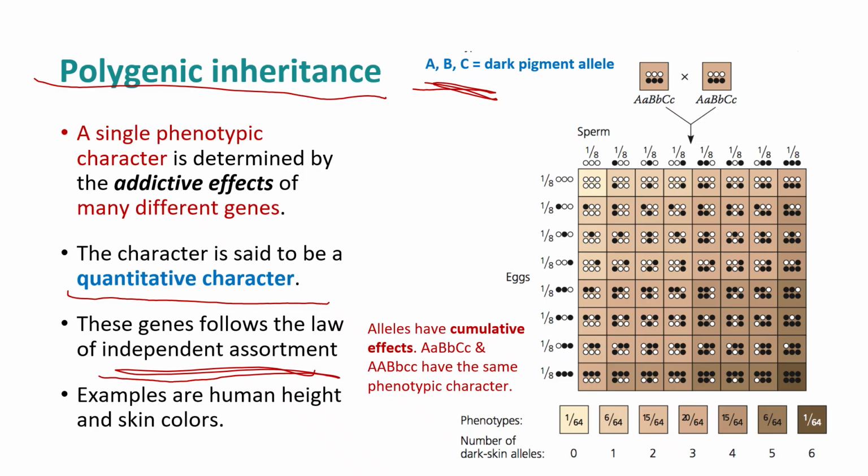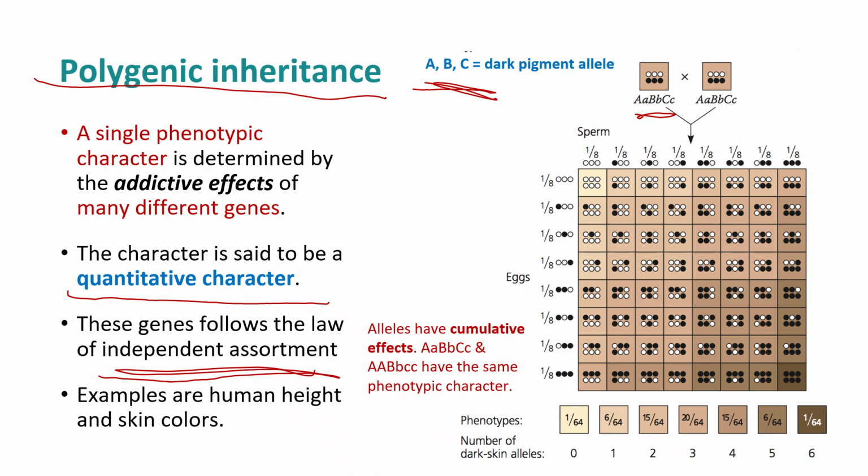So for an individual heterozygous for A, heterozygous for B, and heterozygous for C, they would receive 3 pigment-producing alleles, which are symbolized by these black dots. And then they would have 3 alleles that do not produce pigment, which are the white circles. So you'll see, based on this, how many alleles they have producing pigments and how many alleles they don't. And you see the more alleles they have producing pigments, the darker the skin color. The fewer alleles producing pigments, the lighter the skin color.